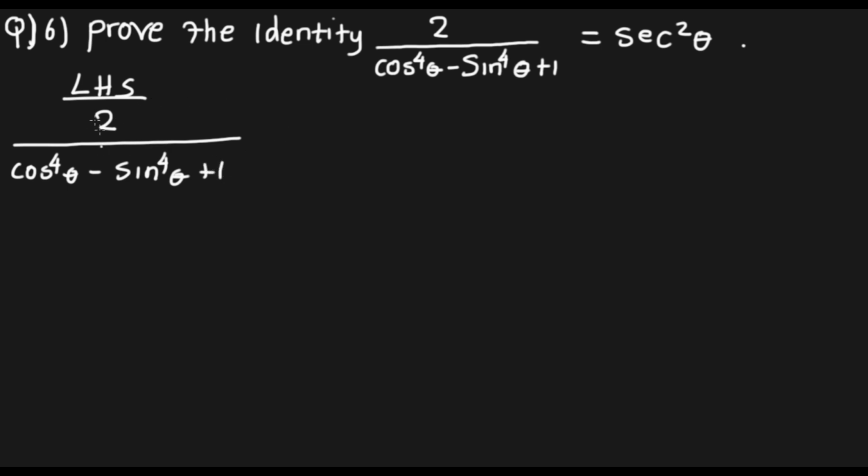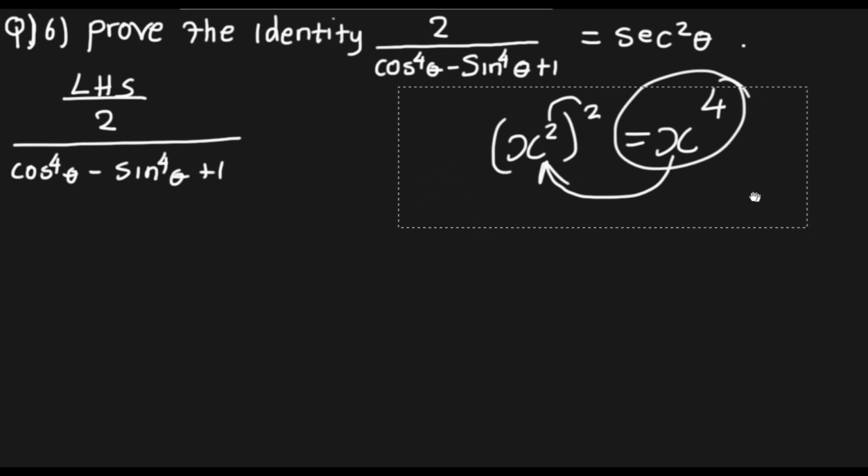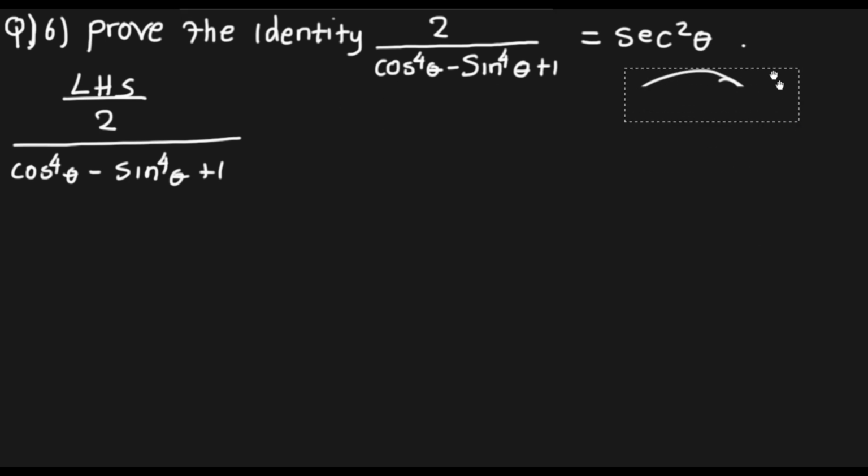Now for you to understand what I'm going to do here, let me say if we have x raised to the power 2 in brackets raised to the power 2, this can be simplified, according to the laws of indices, we can multiply the exponents, giving us x raised to the power 4. So if I have this, I can reverse back to this.